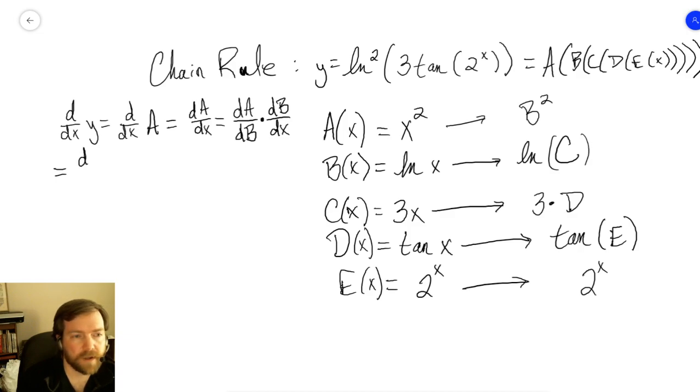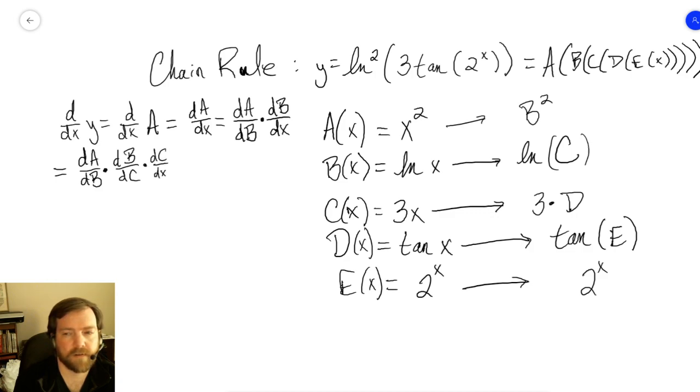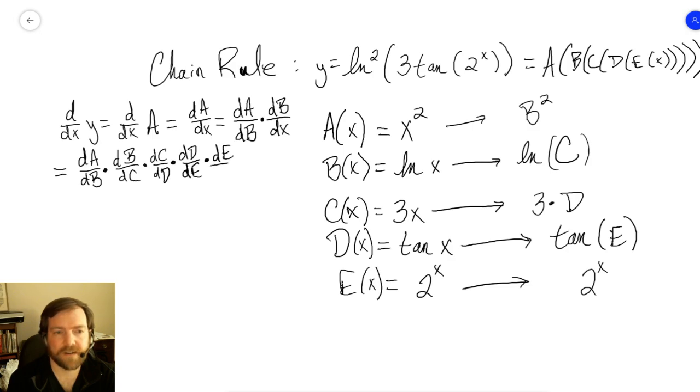So this is now dA/dB times dB/dx, which is also not particularly helpful because now we have a natural log of c in there. So we're going to take this as dB/dc times dc/dx. But then we don't have an x there either. It keeps going. This could be dc/dd times dd/de times dE/dx.